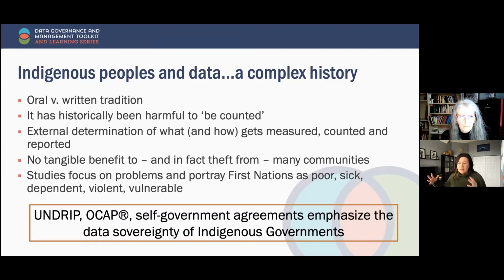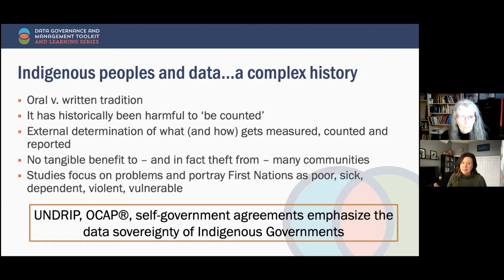And all of that is not just at an individual personal level, but broader as well, right? Governments have determined what matters and they collect data that matters to them. And that's not necessarily what matters to Indigenous people or Indigenous governments. So they decide what matters, how to collect data about it, and how to report on it.